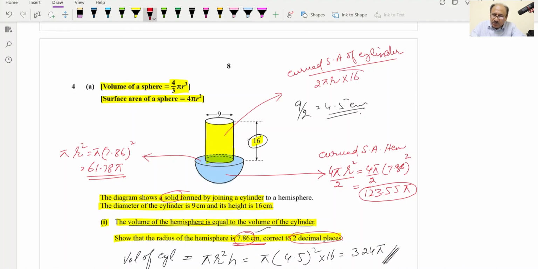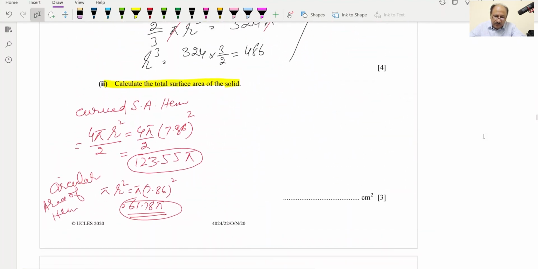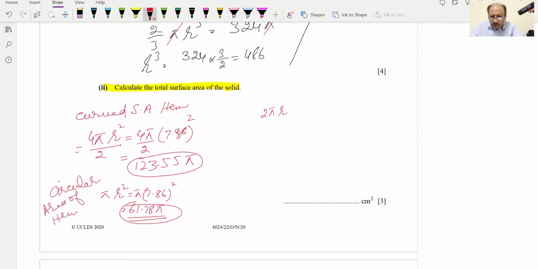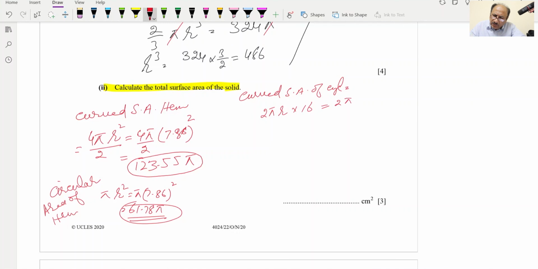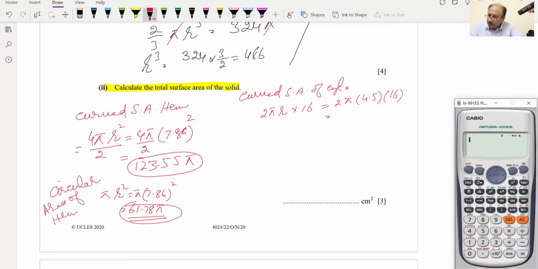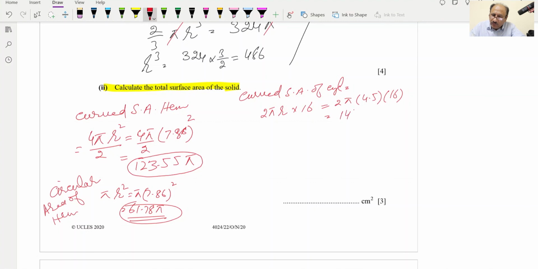So 2 pi r into 16 is the curved surface area of the cylinder. The r value of the cylinder is 4.5, so 2 pi into 4.5 into 16, and this will be equal to 2 multiplied by 4.5 multiplied by 16, which is 144, so 144 pi.